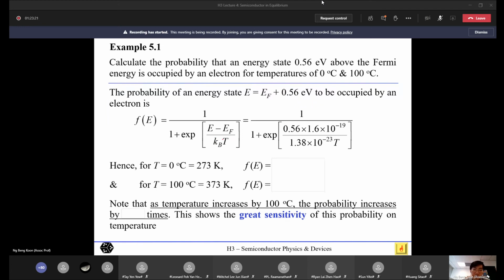If you think about it, in the denominator, what is kB? kB is the Boltzmann constant, and what did we say about the unit of kB? Okay, if you remember, right, just now I mentioned that kB has units of joules per Kelvin, and this temperature here that we're going to substitute in, we also have to express it in Kelvin. Okay, it has to be consistent with the units of kB that you're using.